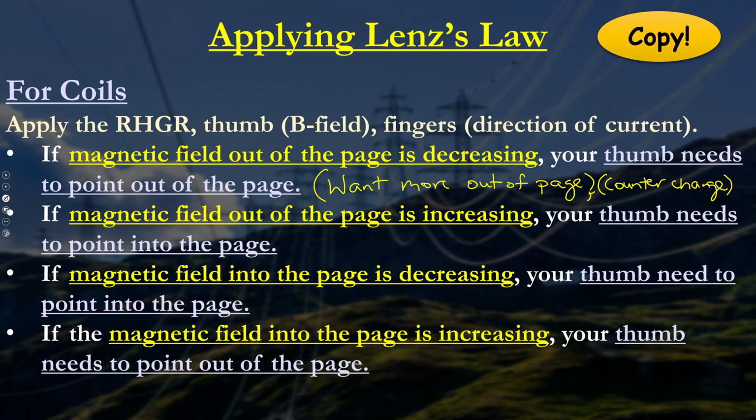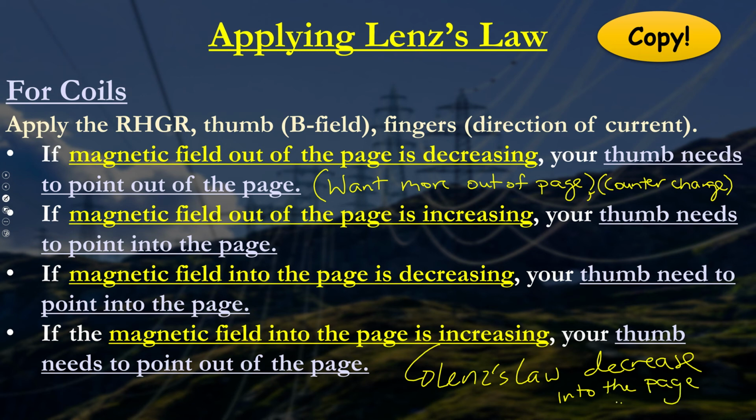And if the magnetic field into the page is increasing, according to Lenz's law our opposite desire would be to decrease into the page field lines. To decrease the amount of magnetic field going into the page, it's equivalent to producing more magnetic field pointing out of the page, which is the same as saying thumb pointing up or out.